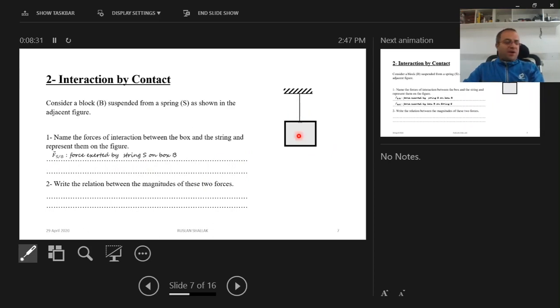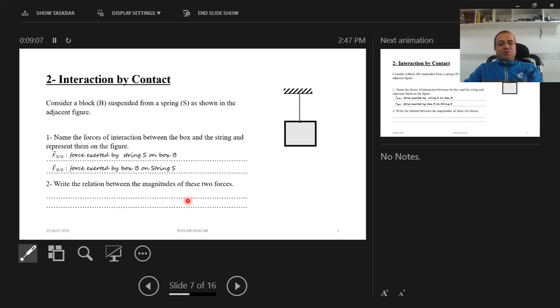If we don't know the name, the name of this force is the tension of the string on the box. F S on B, force exerted by the string S on box B. And the other force is F B on S, the force exerted by box B on the string S. Here, the force exerted by the box on the string is the weight.